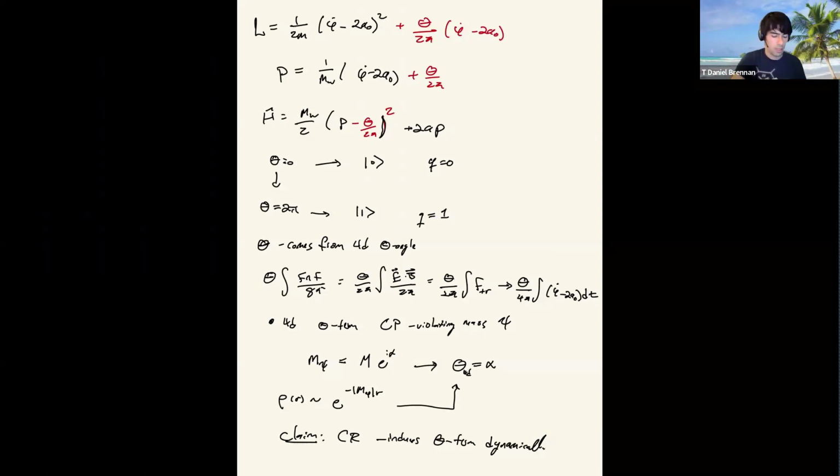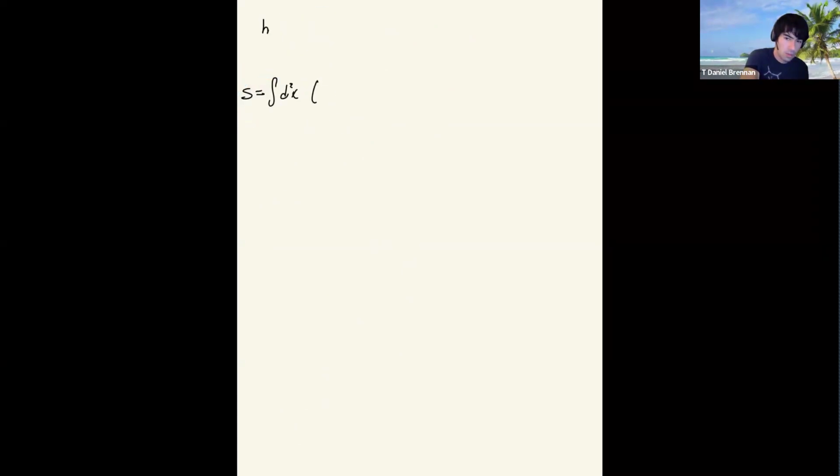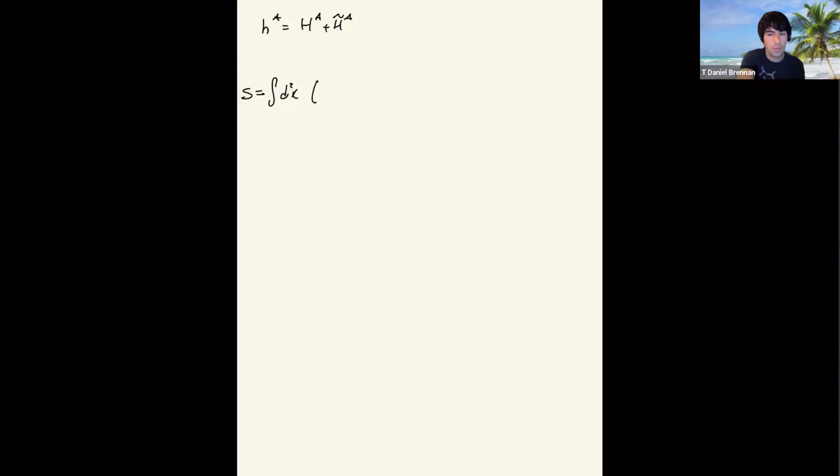Okay, so I'm running a little bit low on time, so I'm just going to skip some of the details of how you actually can derive this. We can just write down the action from all of the components we already had. So if we work in the bosonized frame, we can write h^A, little h^A, as the sum of H and H tilde, which is an uncharged field.